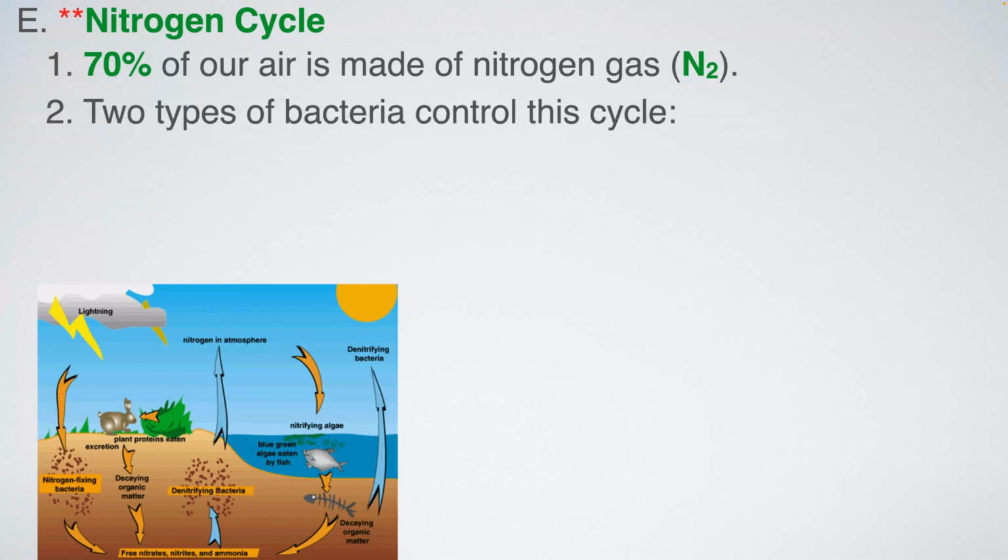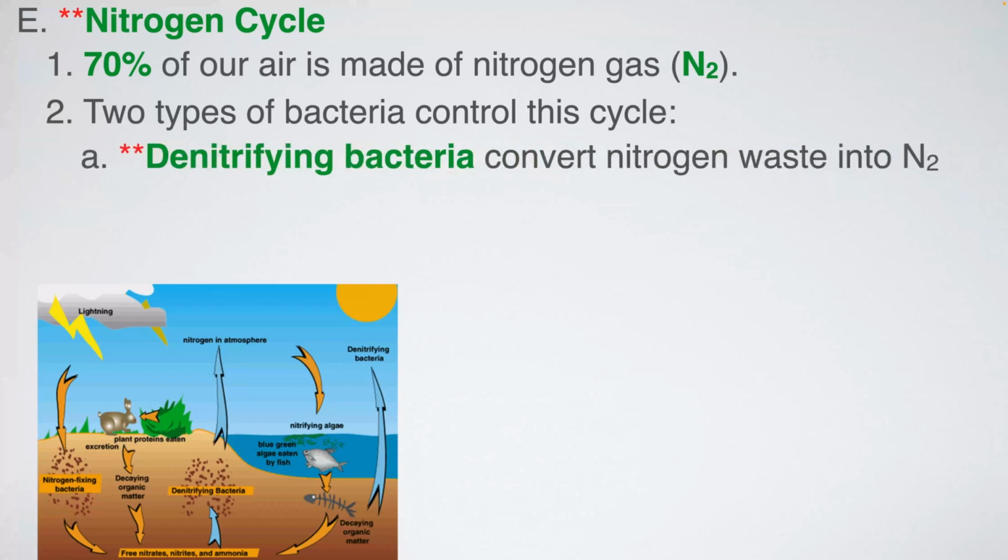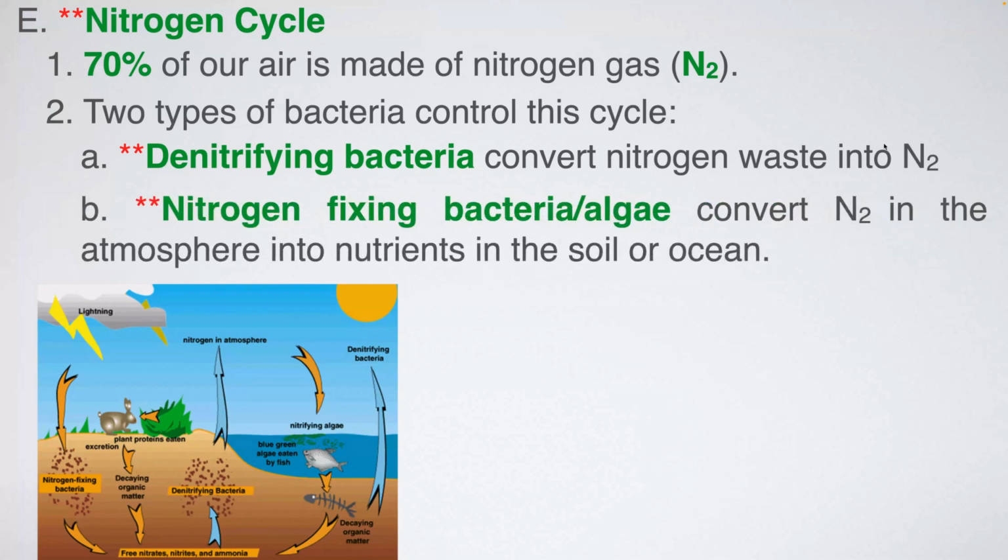So there are two types of bacteria that really control the amount of nitrogen that's in the atmosphere. The first are called denitrifying bacteria. The denitrifying bacteria convert nitrogen waste, so, pee, into nitrogen gas. And then you have nitrogen fixing bacteria and algae, and they convert that nitrogen gas into nutrients in the soil or in the water.